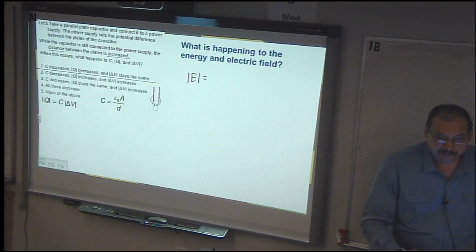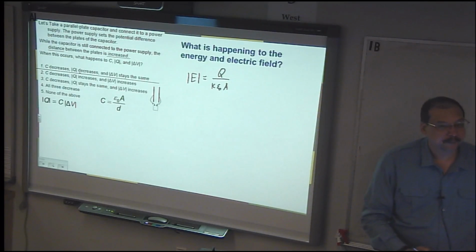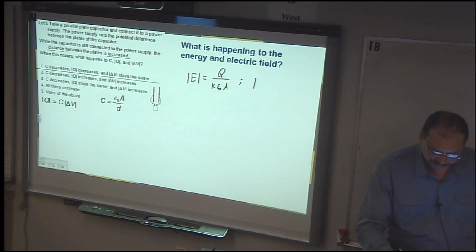Inside a parallel plate capacitor, when it's charged to a charge Q, electric field on one hand is related to a charge and area. On the other hand, it is related to the voltage and distance.